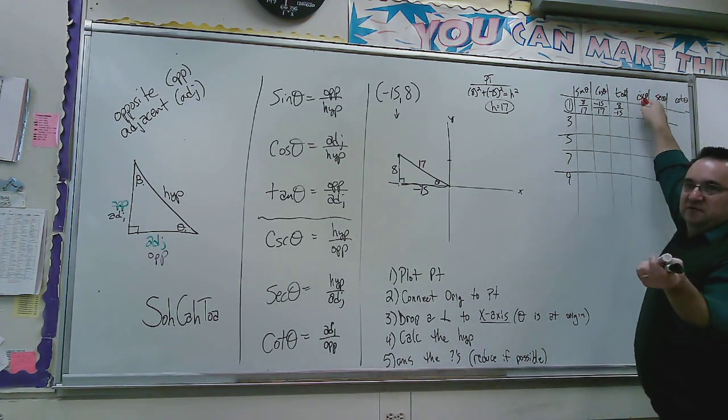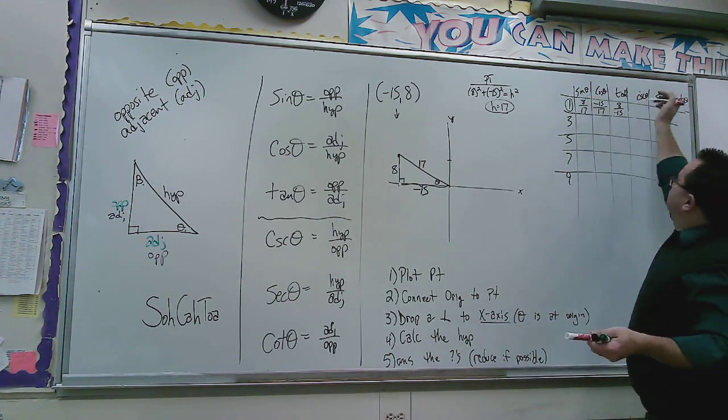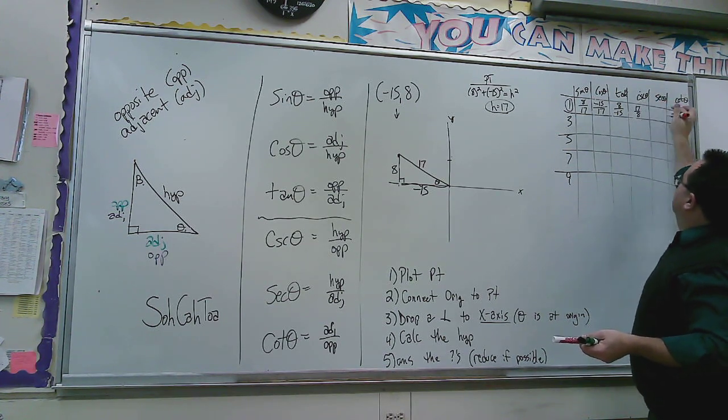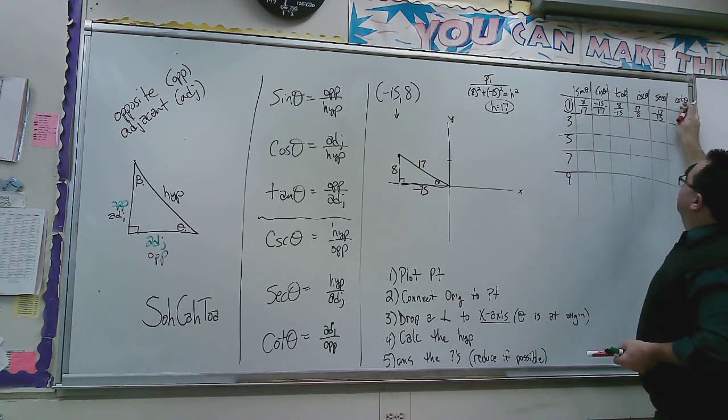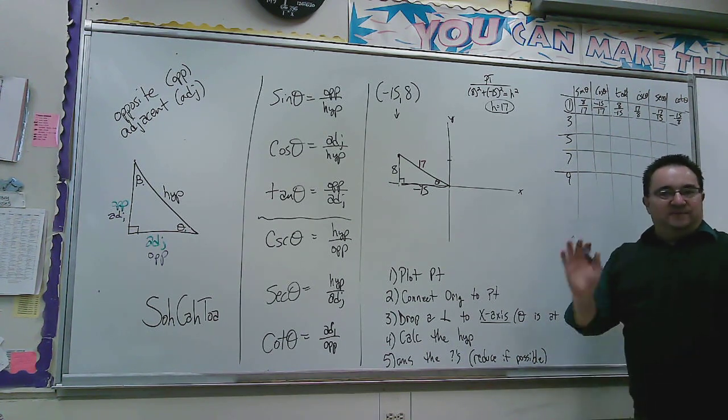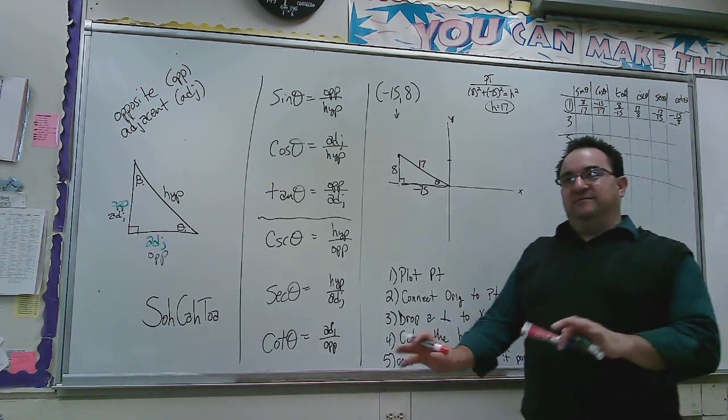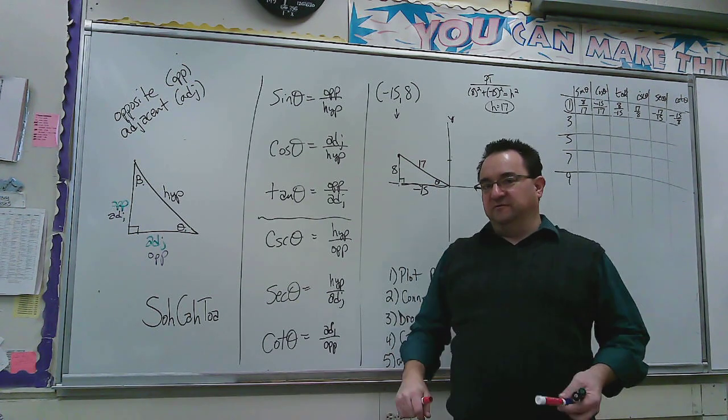Cosecant is which one flipped over? Sine, so flip it over. Secant is which one flipped over? Cosine, so flip it over. And this is tangent flipped over. Right? That's what I mean. It's easier if you just remember the main three and which one's the reciprocal of which.